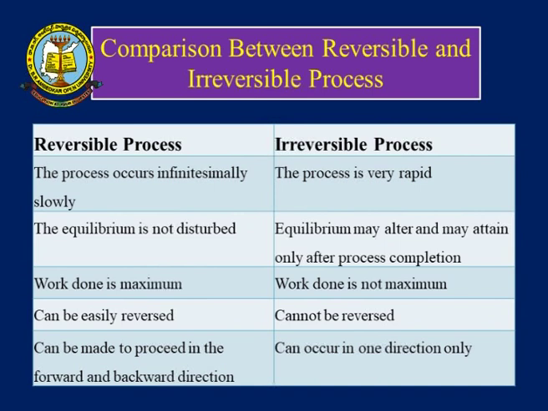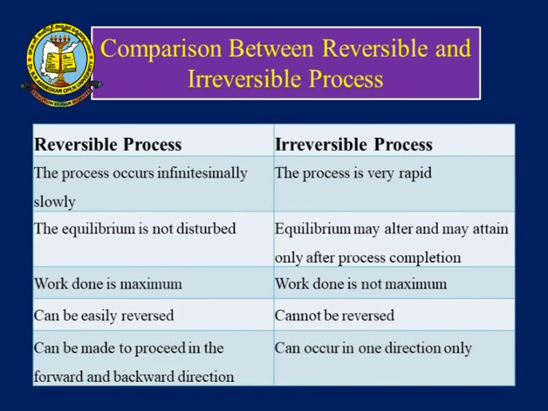One more comparison is that in the case of the reversible process, work done is maximum, and in the case of the irreversible process, work done is not maximum. A reversible process can be easily reversed, meaning if the thermodynamic process moves from initial state to final state, it can get back from final state to initial or original state, whereas an irreversible process cannot be reversed.